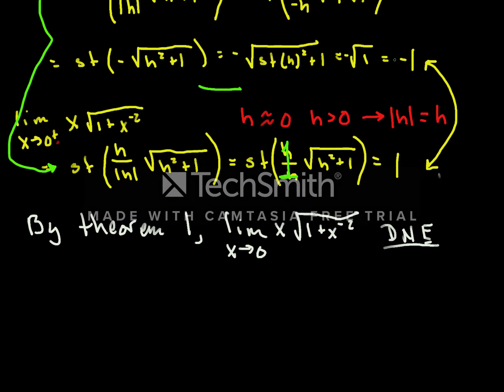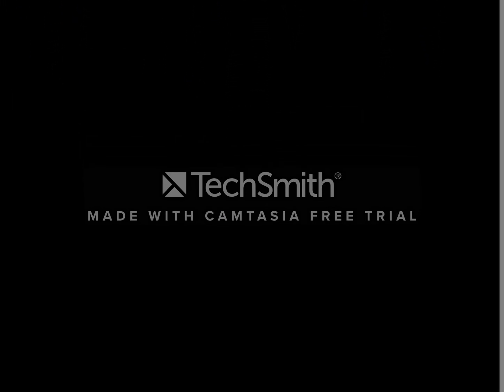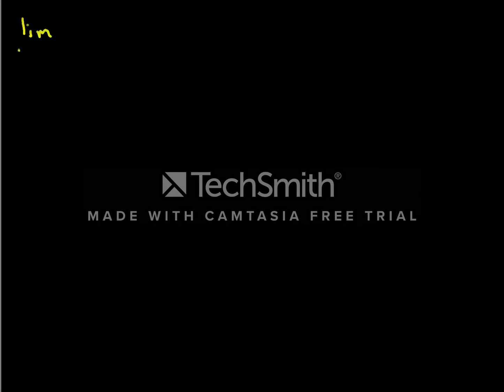Okay, let's look at one more example using these one-sided limits. I'm just going to compute one of them. So let's say I want to know what is the limit as x approaches 2 from the right of the square root of x minus 2.